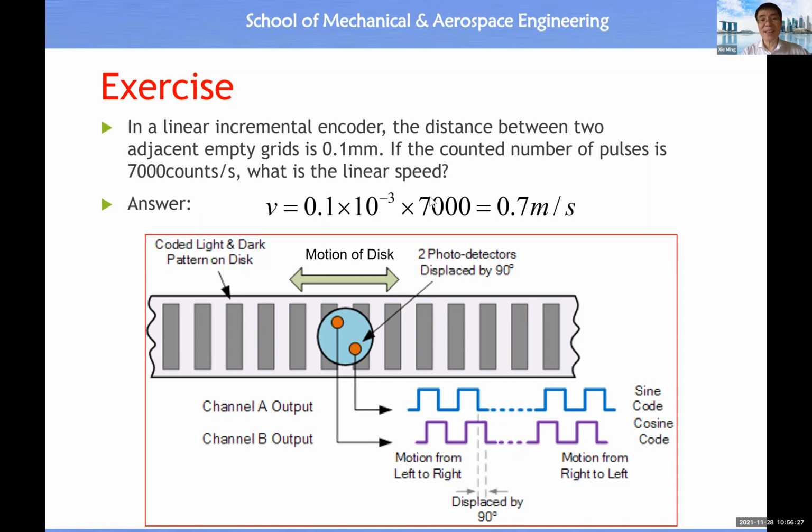So then, because it is 1 second, you see this amount of count, that is 7,000 times this value. So you must convert all this to meters, all right? So then the linear velocity is 0.7 meters per second. All right, so this is just a simple exercise for you to play.